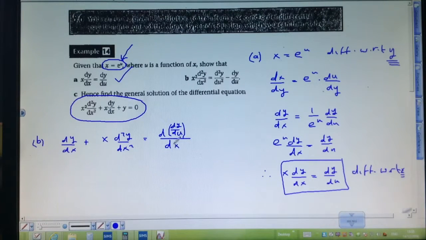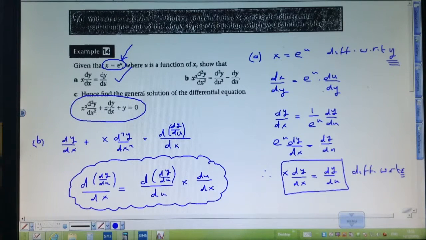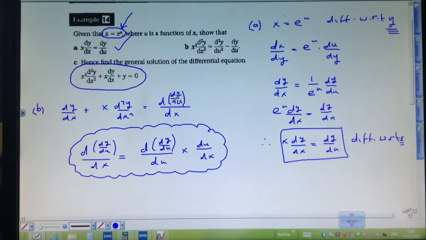So what we have to do is use the chain rule here, and if you're trying to achieve the differential of dy by du with respect to x, we can differentiate dy by du with respect to u, and times it by du by dx.